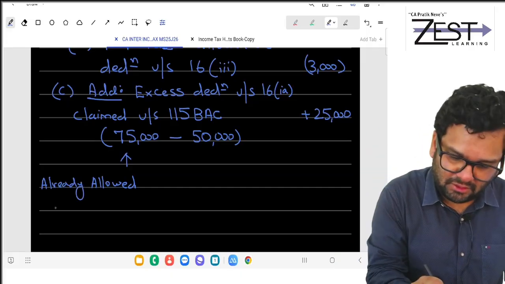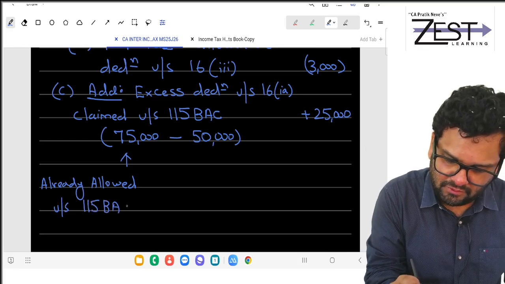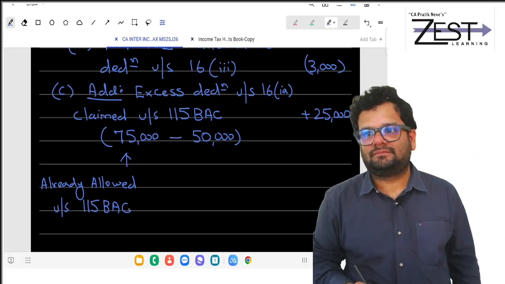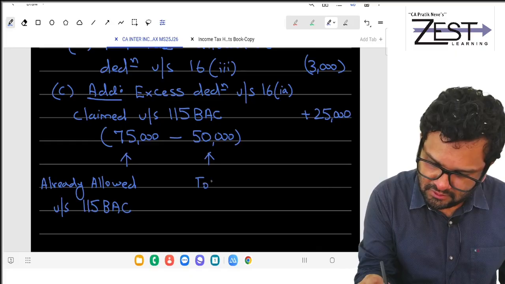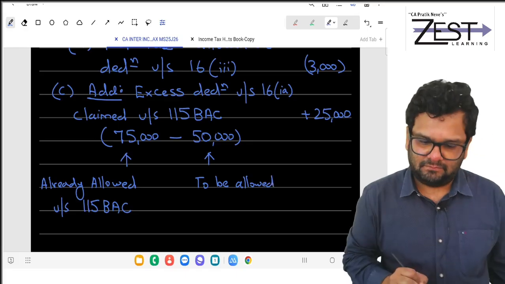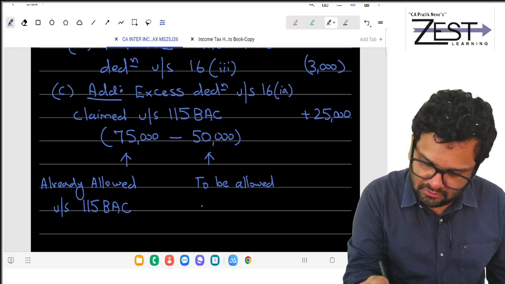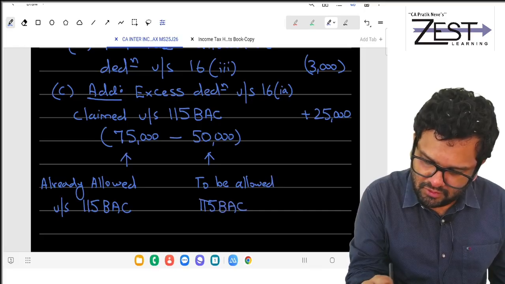75,000 is already allowed under section 115BAC. And this 50,000 is to be allowed when opting out of 115BAC.